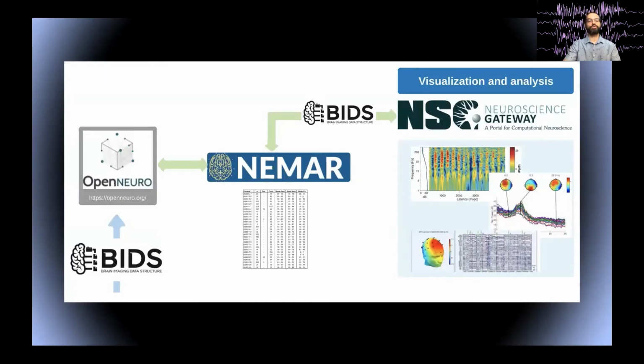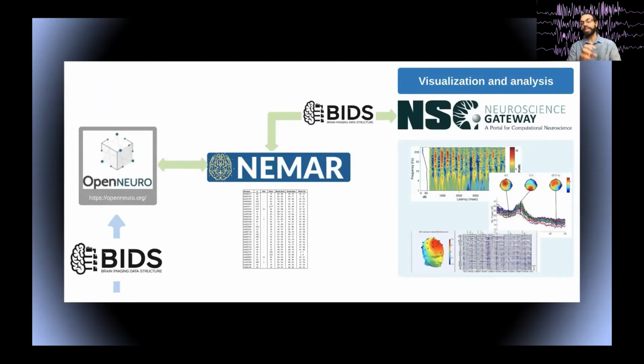The way it's going to work is that BIDS-formatted data is submitted to OpenNeuro. Then we get a subset of that data, because we cater specifically to the BIDS datasets that are high quality and that you can use. Unfortunately, if you look at all the datasets on OpenNeuro, lots of them are not usable because the data is not formatted right. They still pass the BIDS validator, but somehow there are errors.